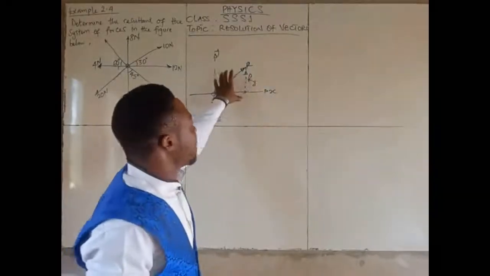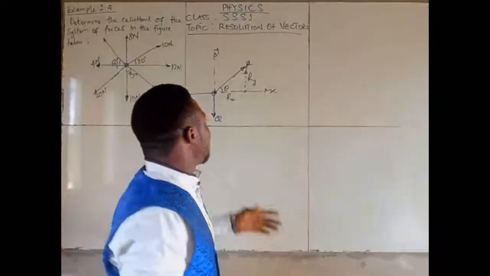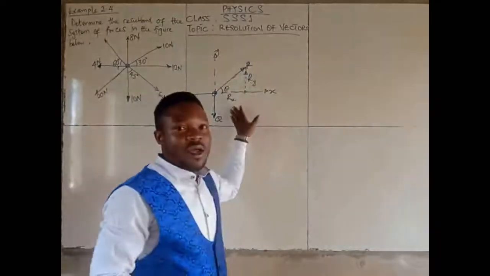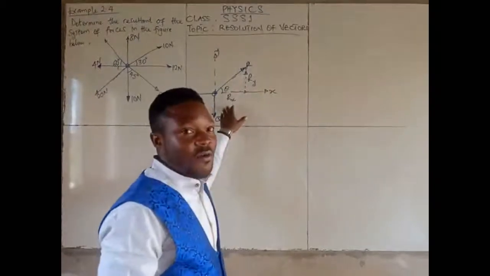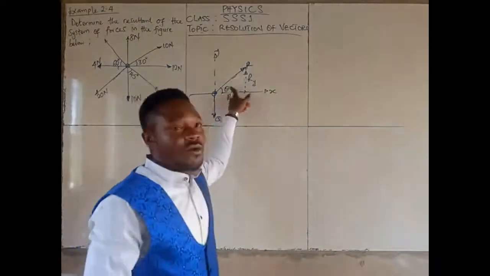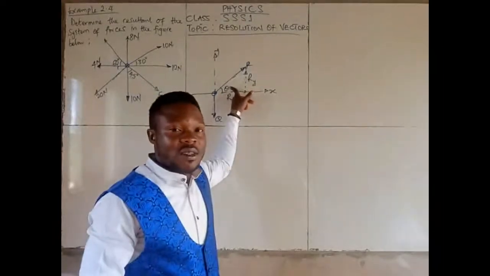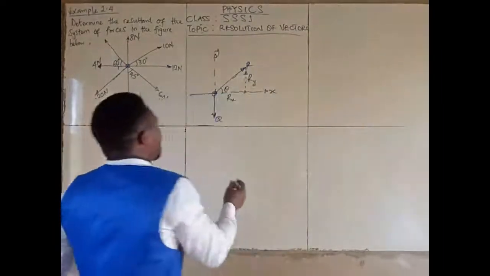We have already formed a right-angled triangle in which we can find both Ry and Rx respectively. Of course, we can also know what this angle can form.